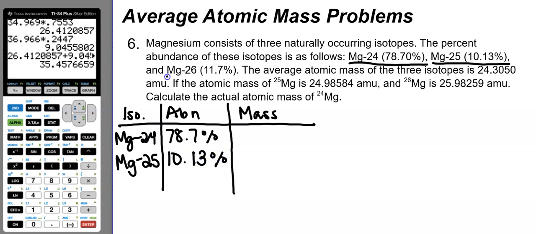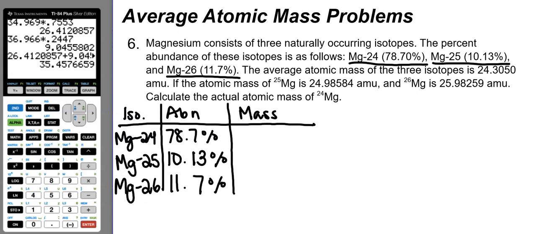And then we have Mg26, our last isotope, which has an abundance of 11.7%. Now we just need to fill in our mass column.